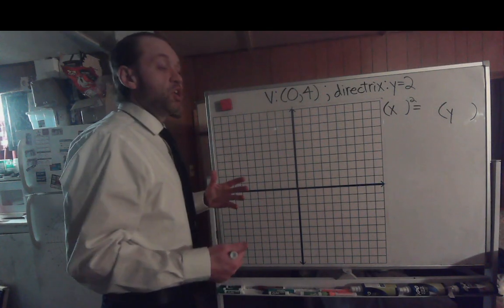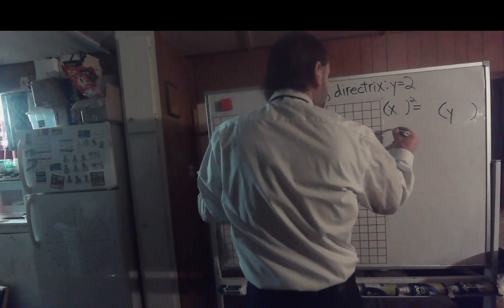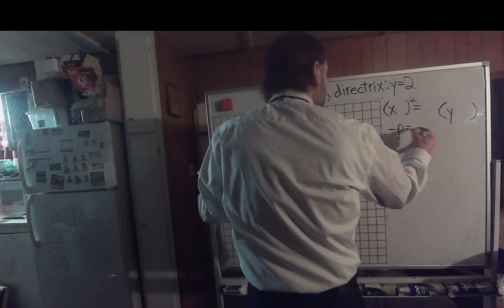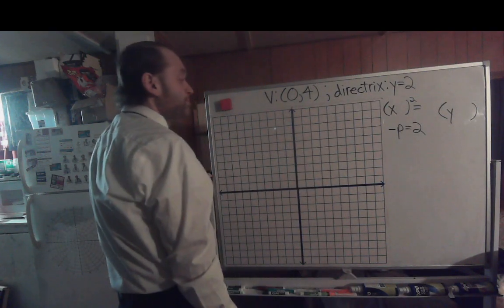The directrix is always the negative of p, right? That means the negative of p equals 2 because you went down 2 units.